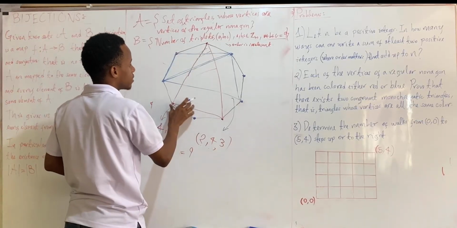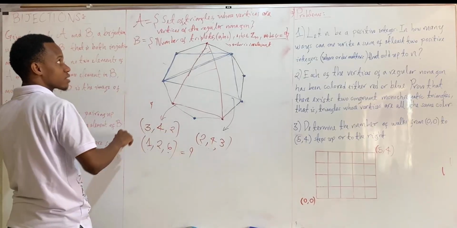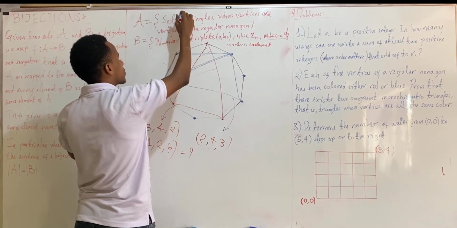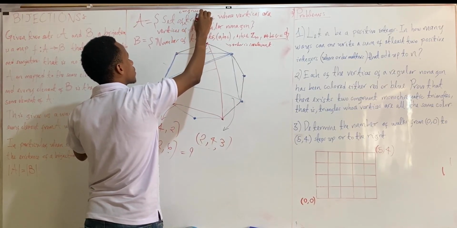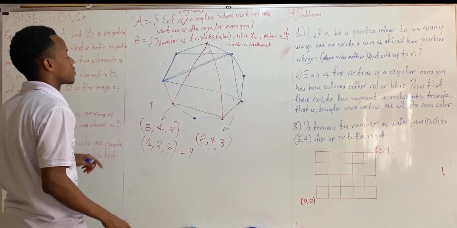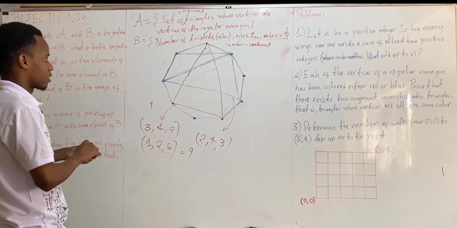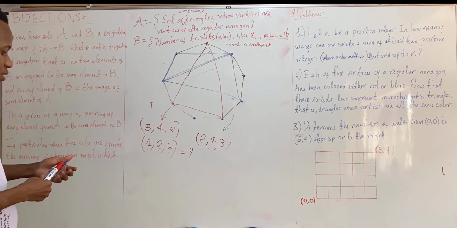So this red triangle and this blue triangle will be mapped to the same triplet. So we need to sharpen the definition of A to describe it as a set of congruent triangles whose vertices are vertices of the regular nonagon. In this case, this function will be an injective function.